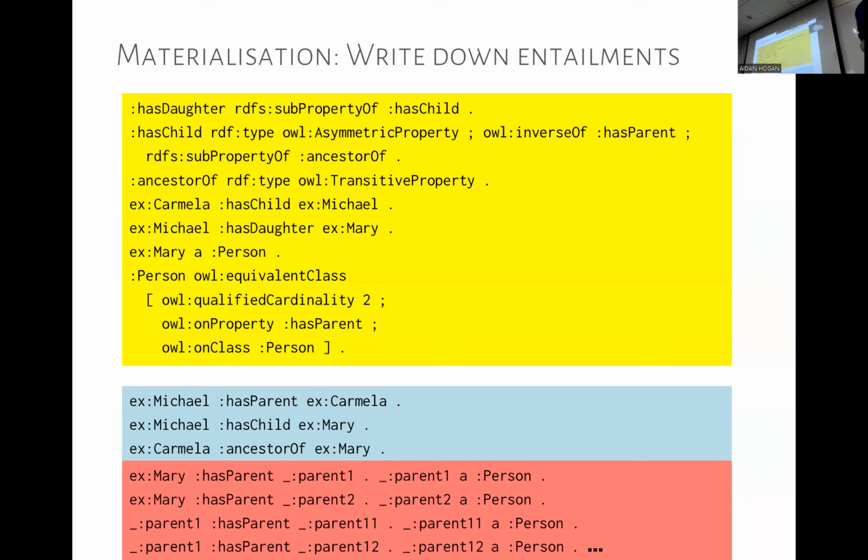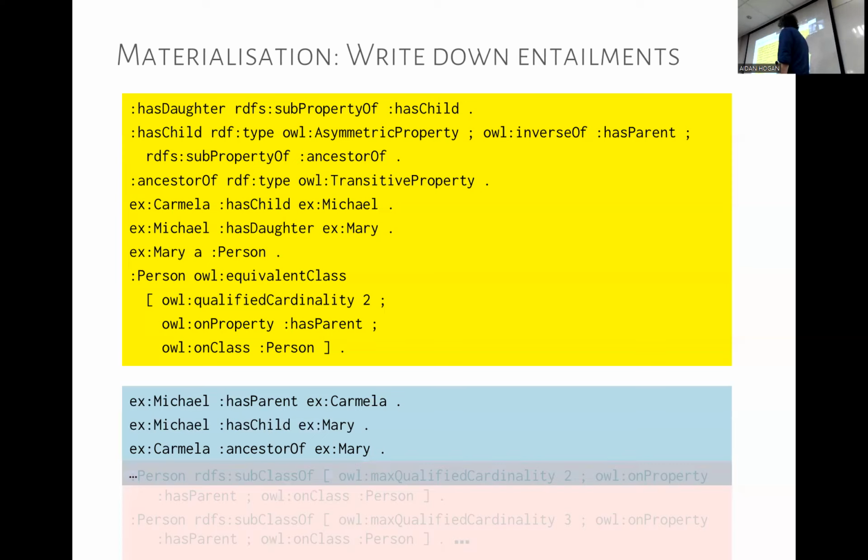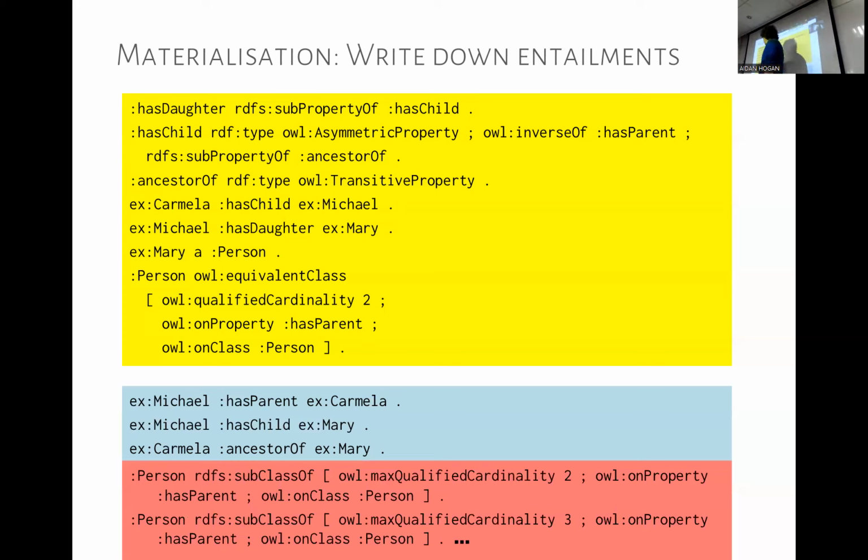So this is on the data level. On the more conceptual level, we can also say that if person is equivalent to qualified cardinality 2 on property has parent with class person, then person is a subclass of this definition. And we can say they're a subclass of all of the classes where we just start incrementing 2 to 3 to 4 to 5 to 6, for max qualified cardinality.